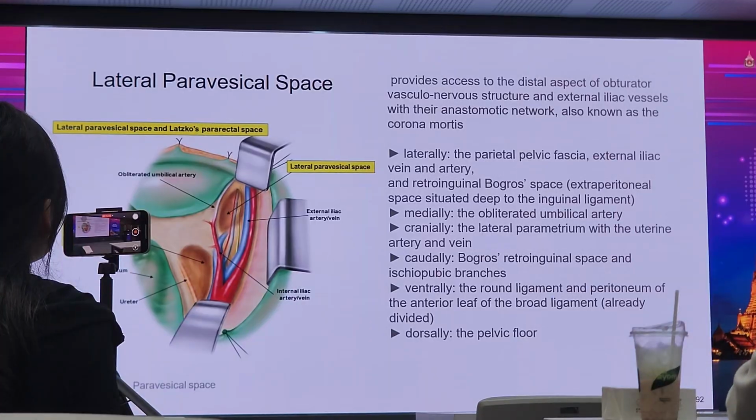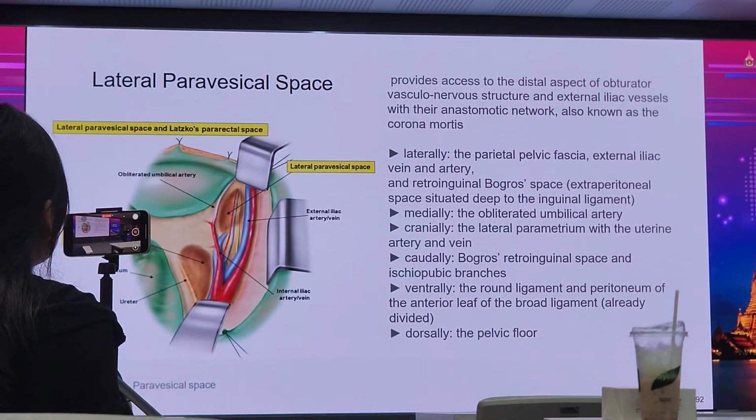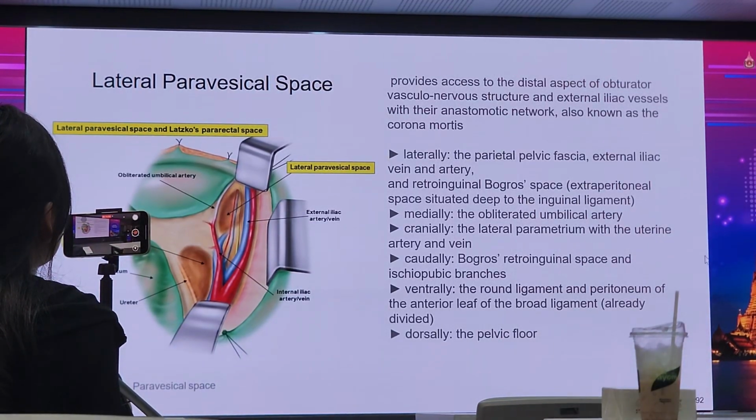The obliterated umbilical artery would be somewhere in the middle of the avascular planes. If you cannot find it, you can identify the median umbilical ligament that I mentioned before, and you can pull up the median umbilical ligament, and it will show the obliterated umbilical artery, and then you push it. When you push it medially, you will identify the lateral paravesical spaces, and you develop the spaces.